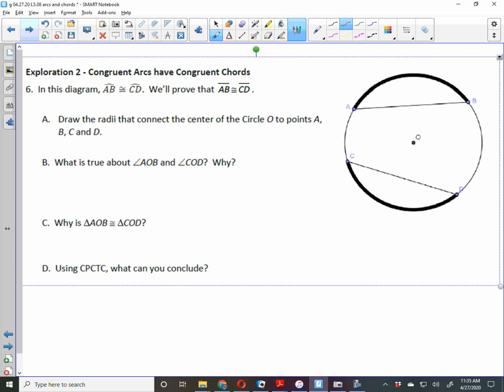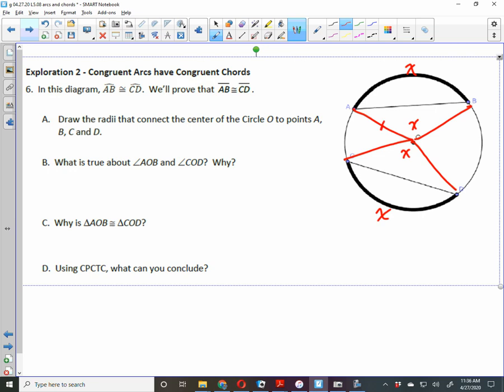All right, we got an exploration here, and they're implying some things here. So in the diagram, we got two arcs that are equal. Prove that the chords are equal. In other words, they're going to ask us to go ahead and connect these radii. If this was x, then this is x, and this is x because this is also x, right?